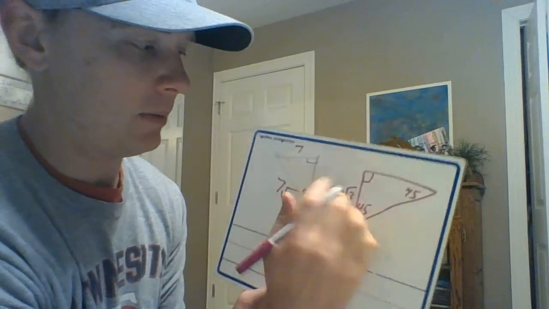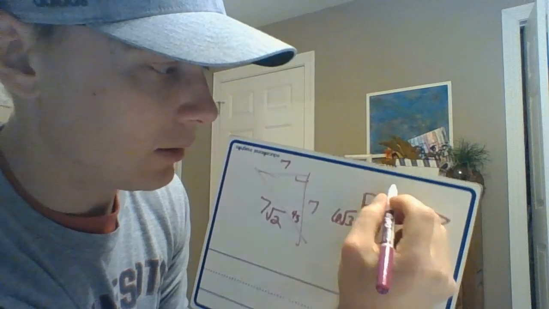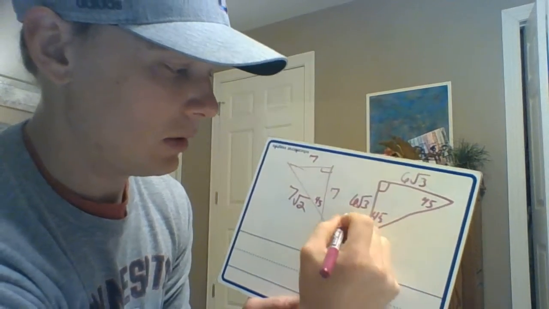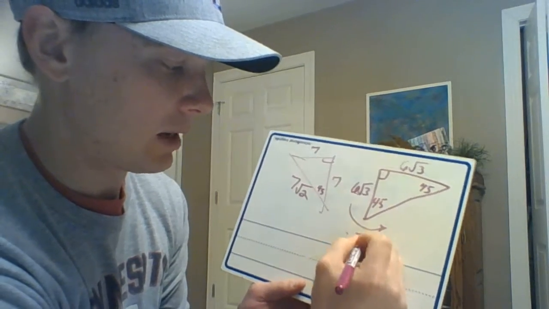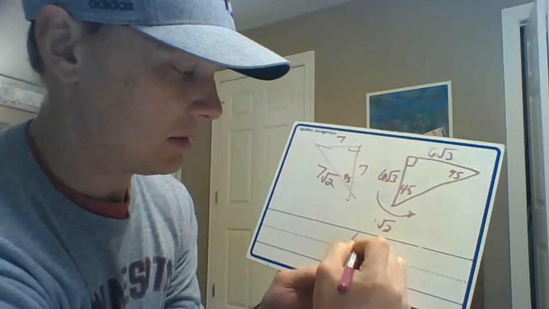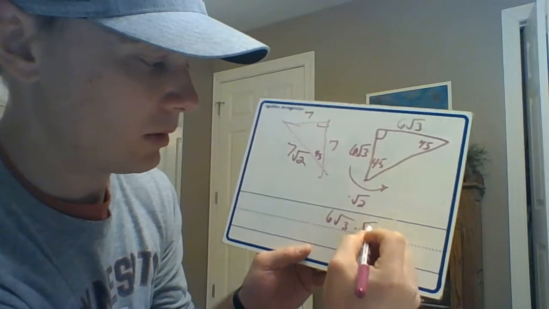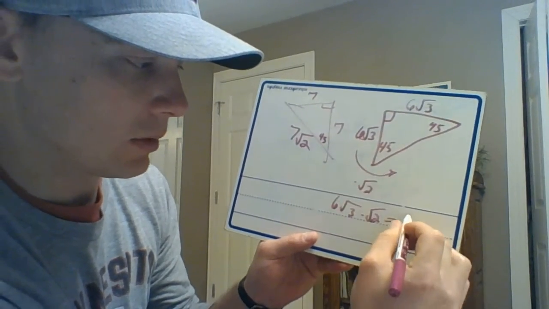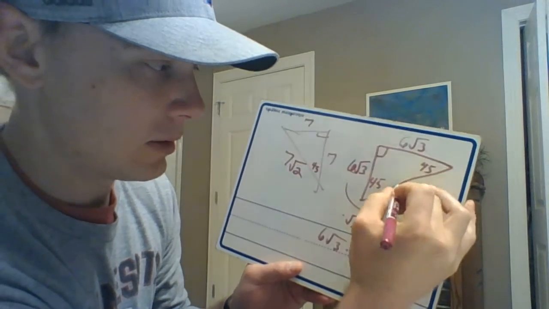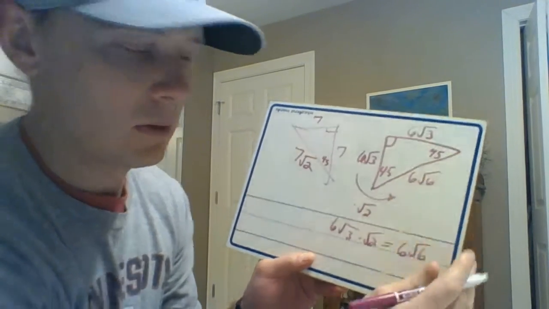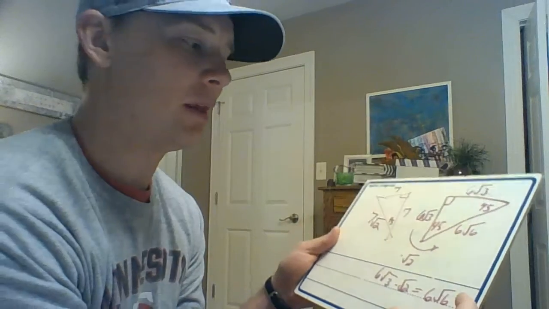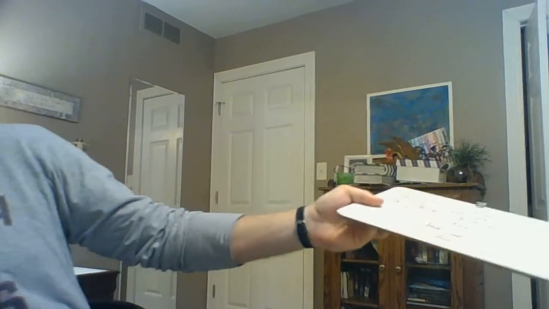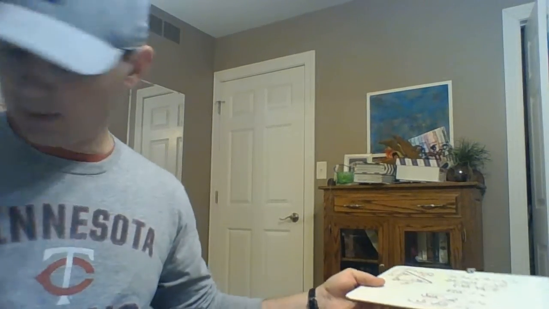Well, this other leg would be 6 square root of 3, and this hypotenuse would be, all I have to do is take it times square root of 2. What is 6 square root of 3 times square root of 2? I can take square root of 3 times square root of 2 to get square root of 6, so 6 square root of 6.